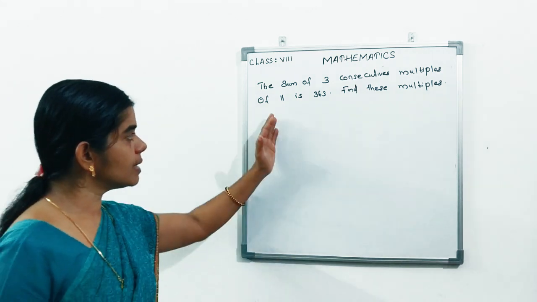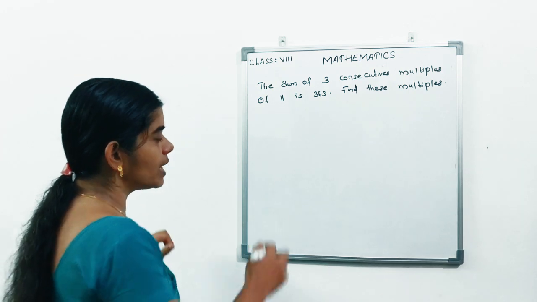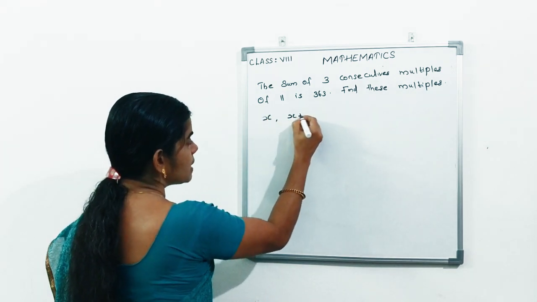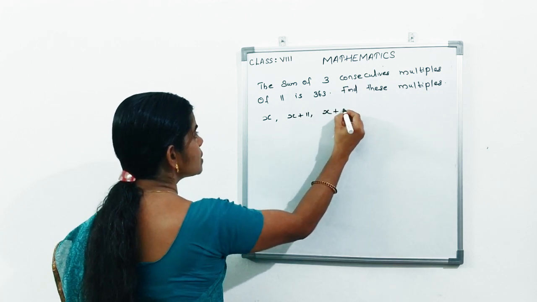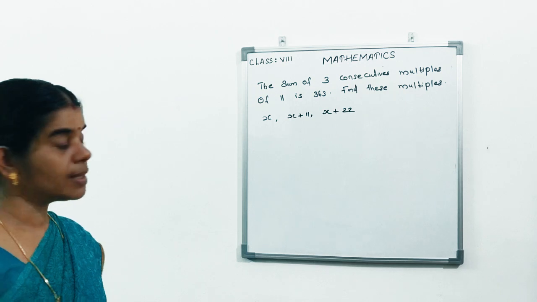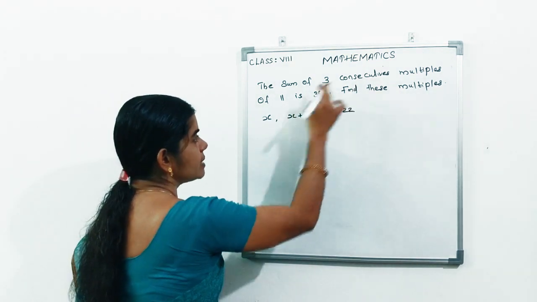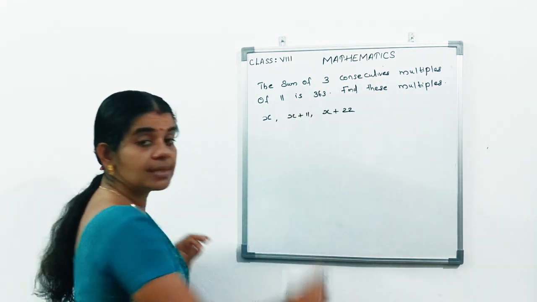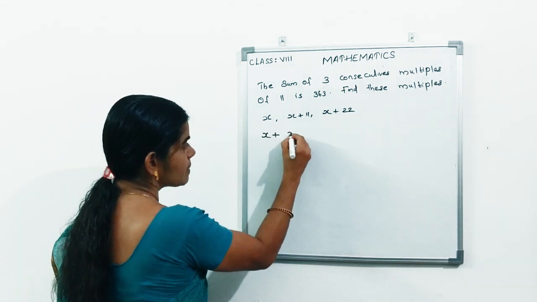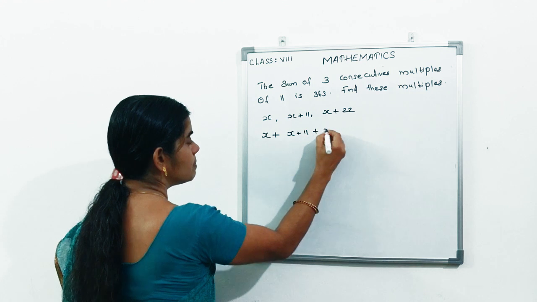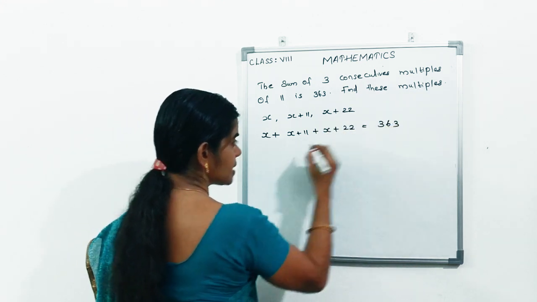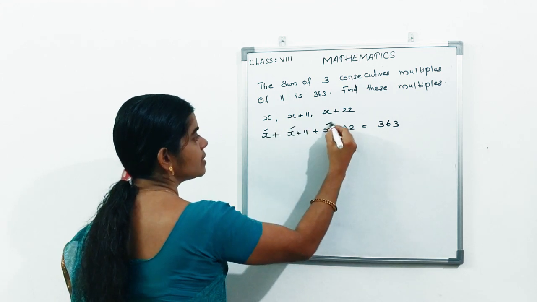Here they ask for the consecutive multiples of 11: x, x plus 11, x plus 22. These three will be the consecutive multiples of 11. By adding these three, you get 363. Then we write x plus (x plus 11) plus (x plus 22) is equal to 363. How many x are there? 3.